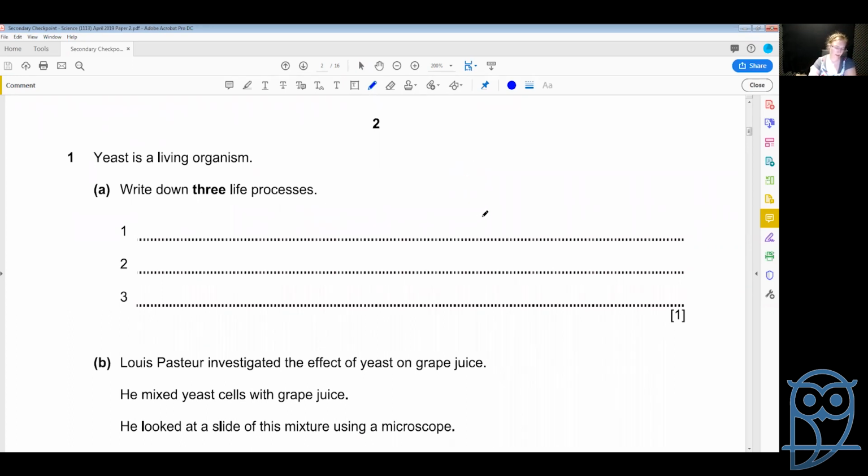So there are 7 processes, and I believe the acronym for this is Mrs Gren. So it stands for movement, respiration, can't remember what the S is. Anyway, so we've got 3 life processes.